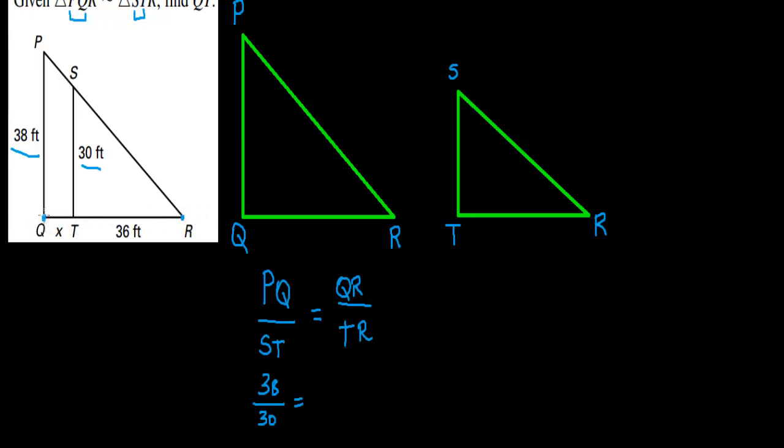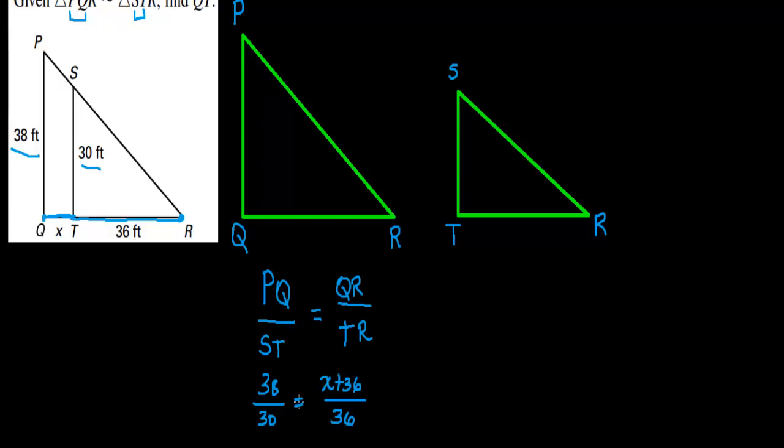It's made up of the piece from Q to T, this piece here, which measures X, and then I have another piece of T to R, which measures 36 feet. So if I add these two pieces together, I will have the whole length QR. So QR is made up of X plus 36. Okay? And then TR is 36. And here I have my proportion.